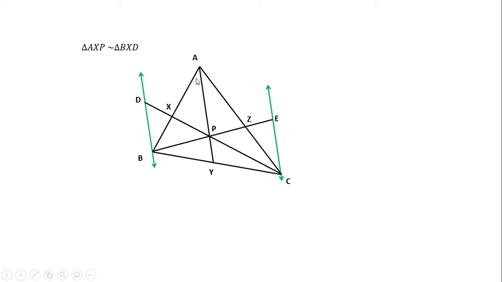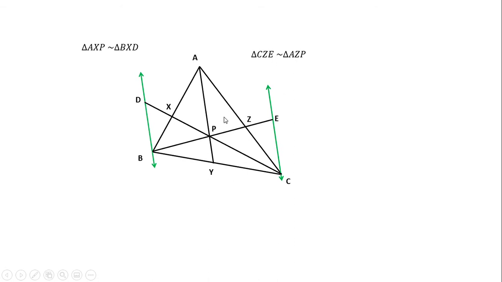So by the angle-angle theorem, these two triangles are similar to each other, AXP and BXD. Then on the other side, we have a similar situation where triangles CZE and AZP are also similar to each other for the same reasons, vertical angles and corresponding alternate interior angles. So these two triangles are similar.